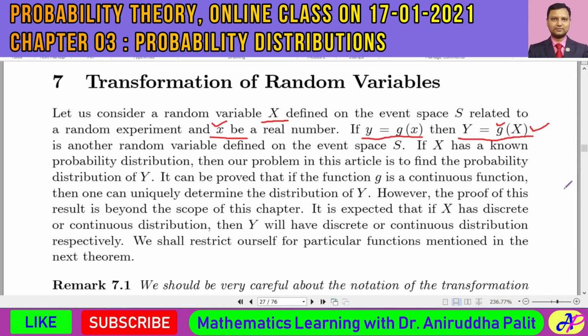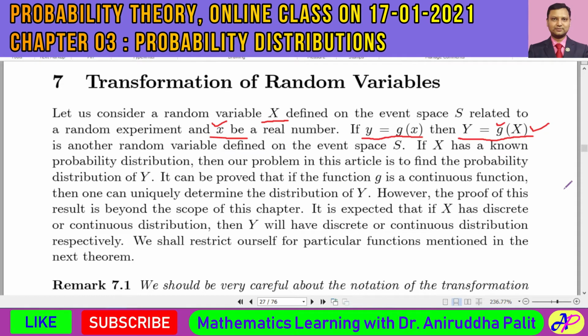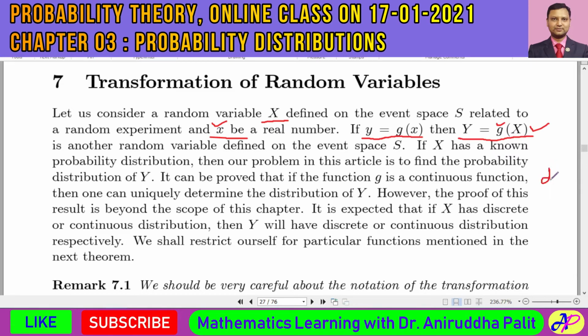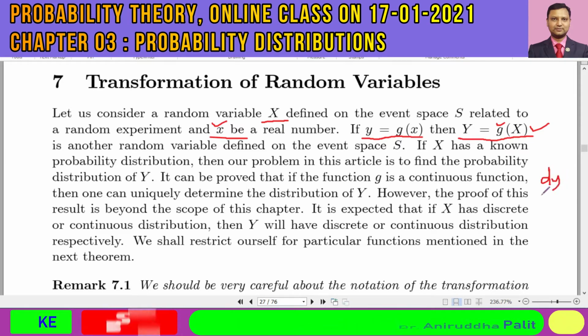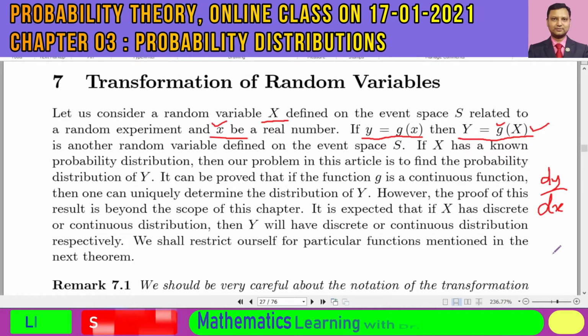so that the derivative of g with respect to x would be positive when g is a strictly monotone increasing function. We are considering this derivative dy/dx, the derivative of g with respect to x. If this derivative is strictly positive, then g is strictly monotone increasing, and if it is strictly negative, then g is strictly monotone decreasing.